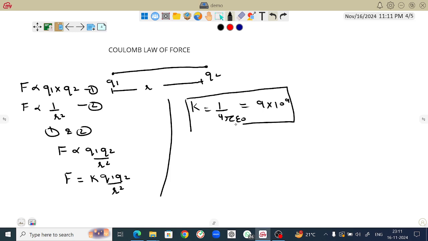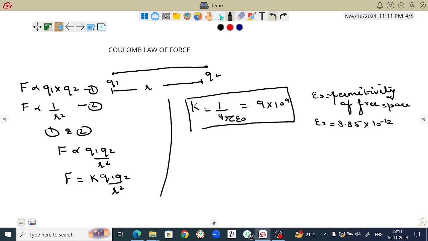Here epsilon naught is the permittivity of free space, and its value is 8.85 into 10 raised to the power minus 12.